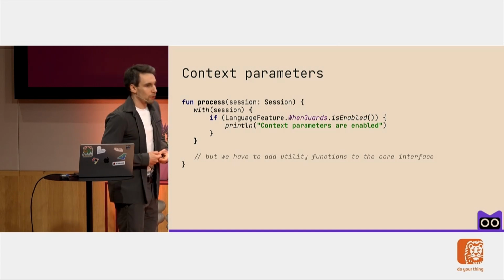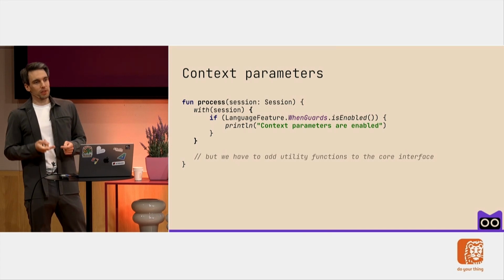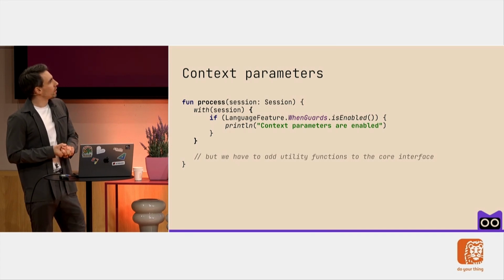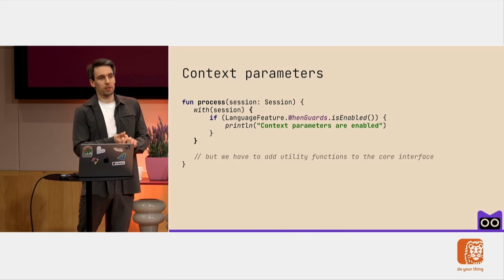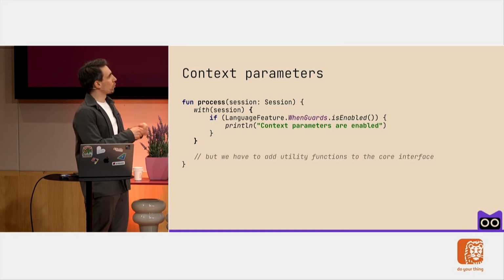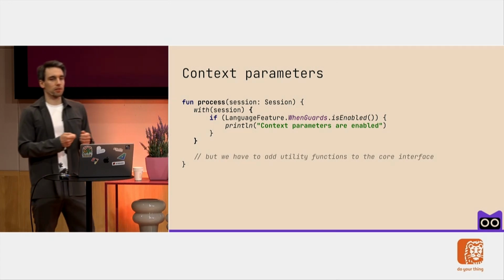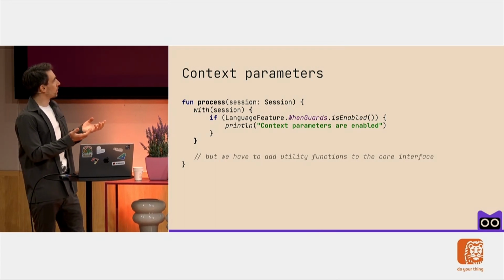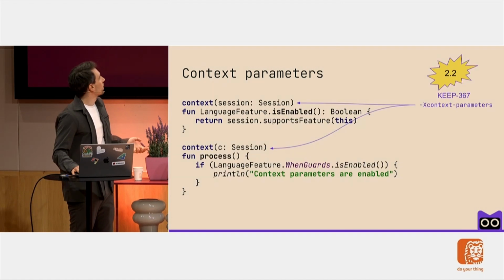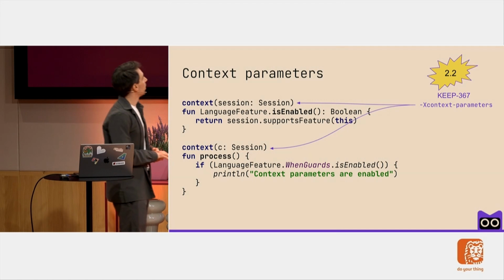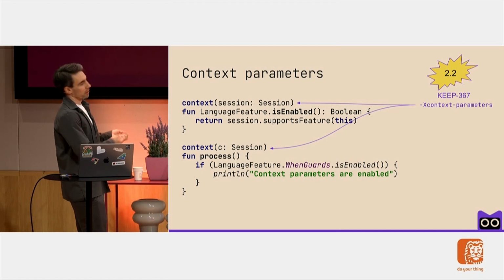But the problem is that in today's Kotlin, having two receivers like this is possible only for member extension functions. So it's not possible to have a top-level function declared like that, which is often the case because you normally don't have access to your core functionality when you want to add utility functions. And this is where context parameters can help, because with context parameters we can now declare this function isEnabled as top level.